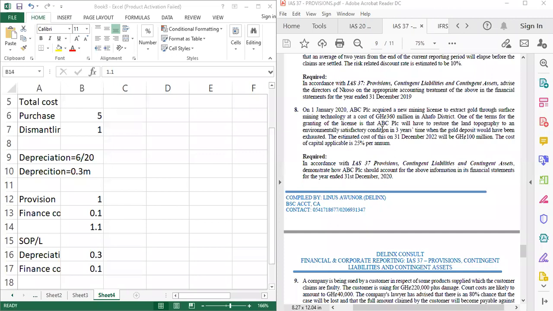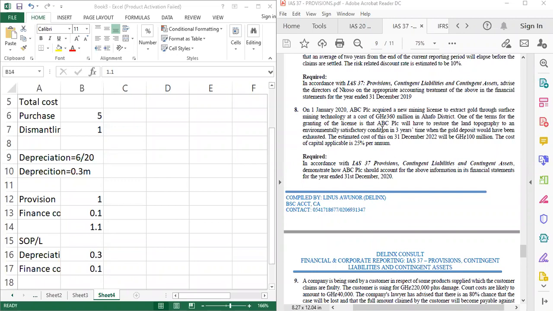On 1st January 2020, ABC PLC acquired a new mining lease to extract gold through surface mining at a cost of 360 million in the Ahafo district.